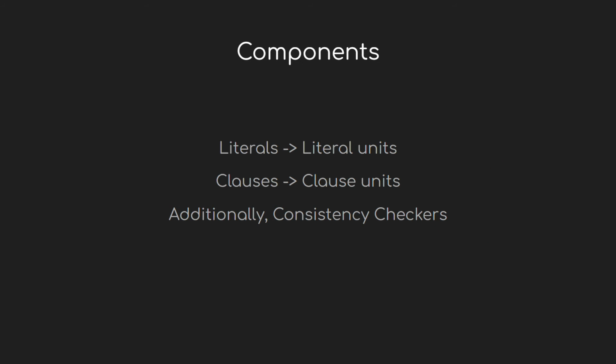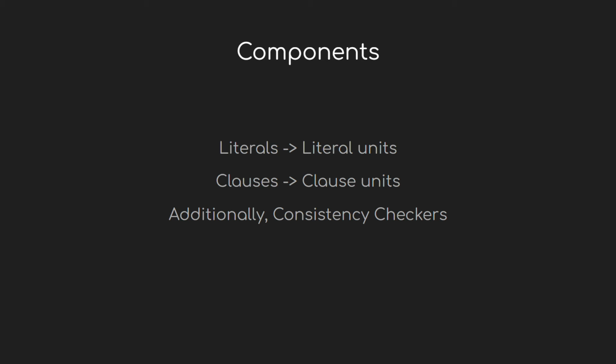There are 3 components within the hardness proof in terms of gadgets. Those are little polygonal pieces that are added in to construct an instance. The main components are literal units, which represent the literals in the 3SAT instance, clause units, which represent the clauses of the 3SAT instance, and an additional structure known as a consistency checker.